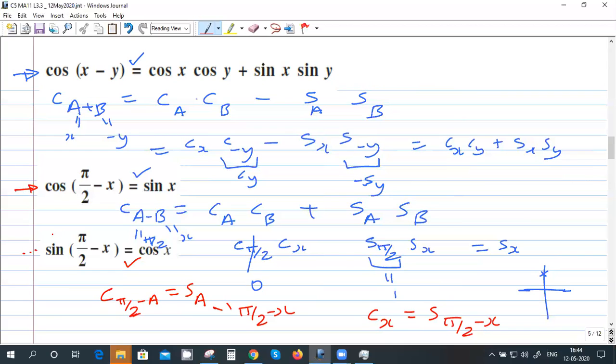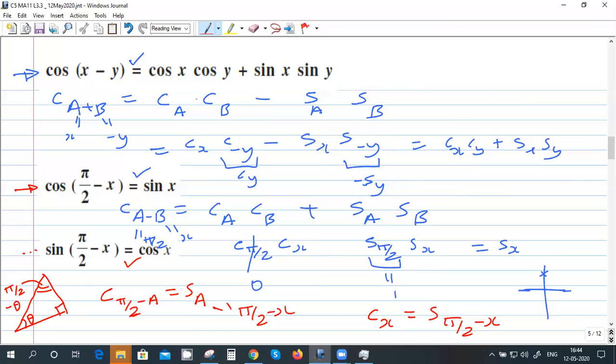One way of remembering this formula is this. This angle is theta. What is this angle? Right angle triangle, so this is 90 degrees. So what is this angle? The total should be 180, right?